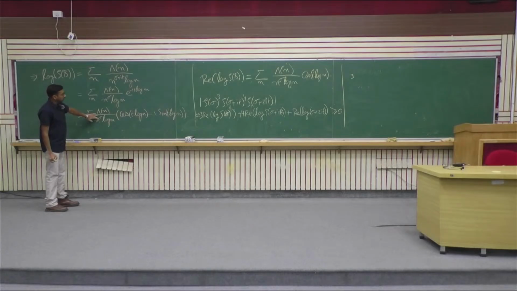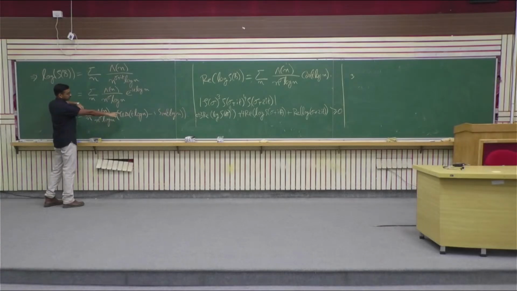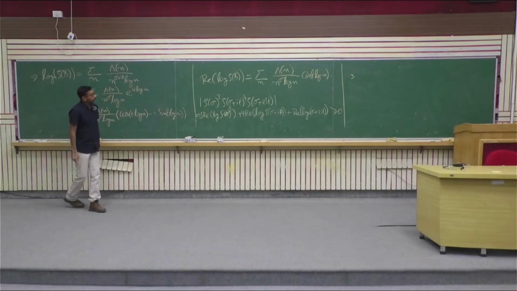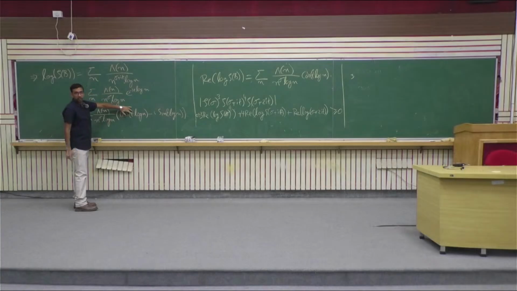For sigma, t is equal to 0, so cos 0 is 1, so only this part will remain. For the next one it will be 4 times this, and for the next one it will be just this one, but with t replaced by 2t.